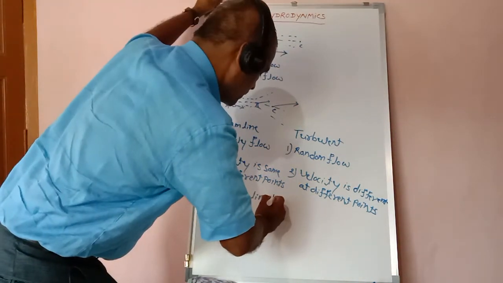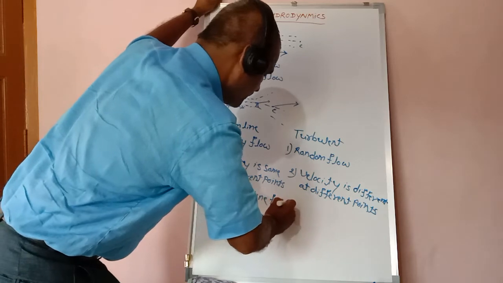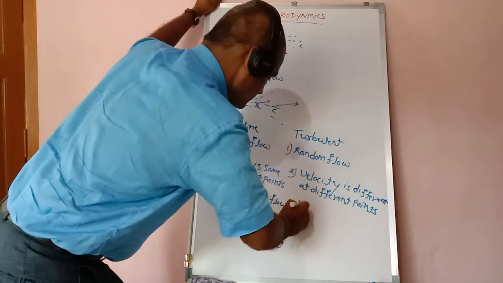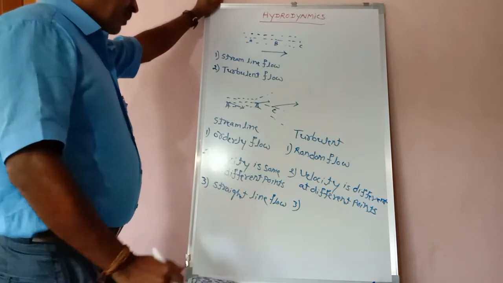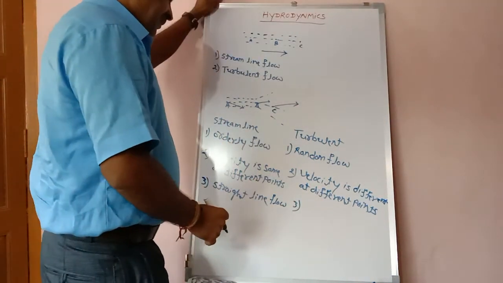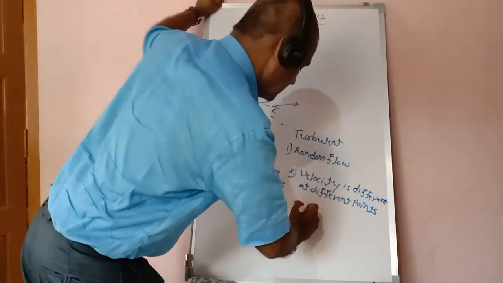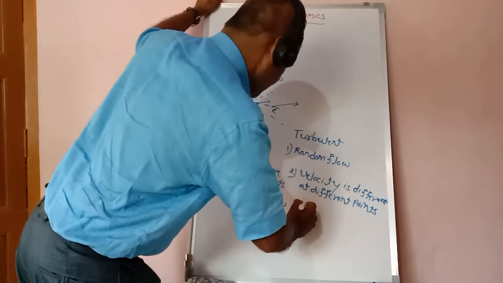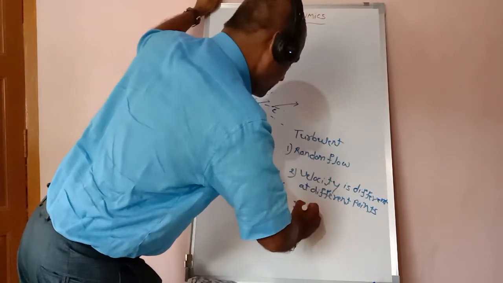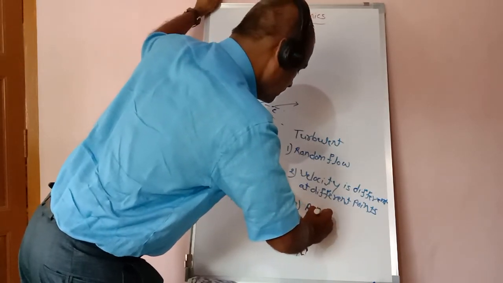And here, in turbulent flow, the flow is random and the direction is different. Streamline flow is straight line flow, and turbulent flow is random flow.